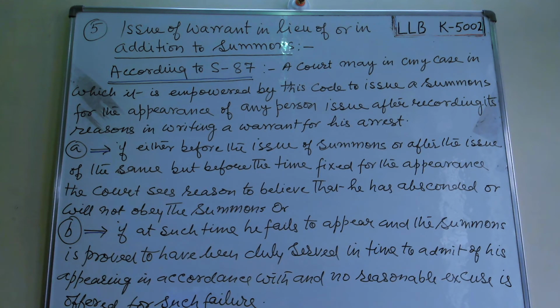According to section 87, a court may, in any case in which it is empowered by this code to issue a summons for the appearance of any person, issue, after recording its reasons in writing, a warrant for his arrest. This is the first condition of the fifth point.